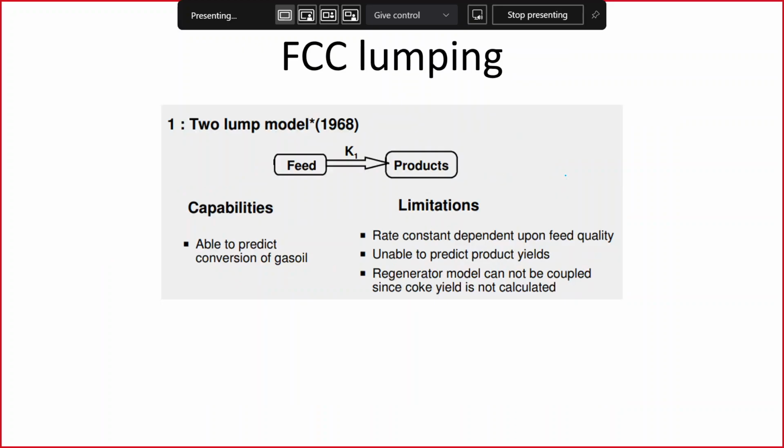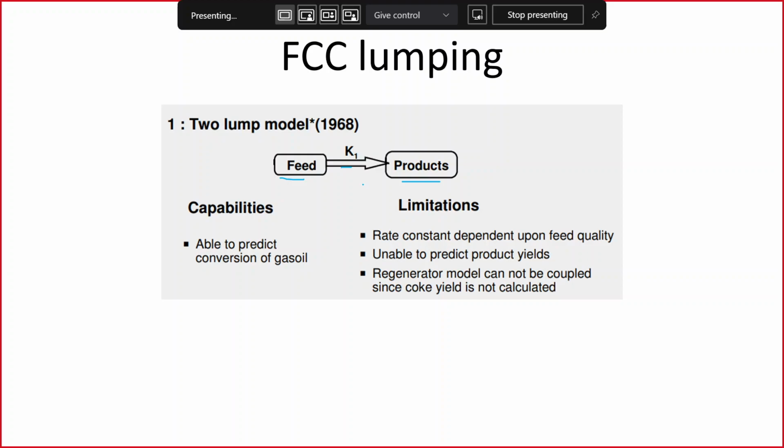That's for the separation. And then for the reaction, there are several advancements. They started this in 1968. So we have feed, and then K, and then the products. So this is basically the first approach.